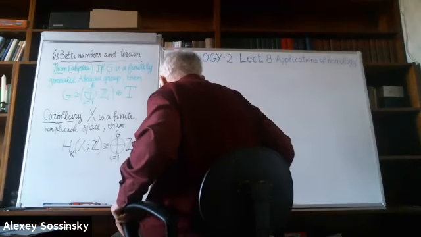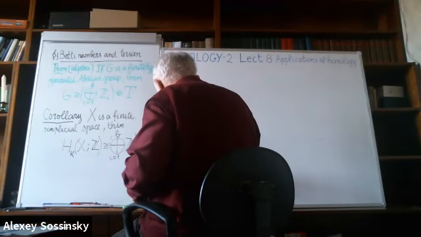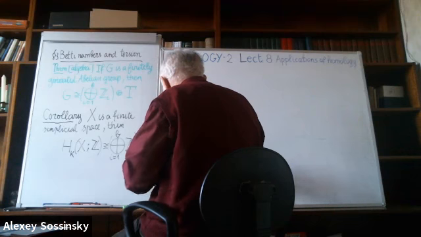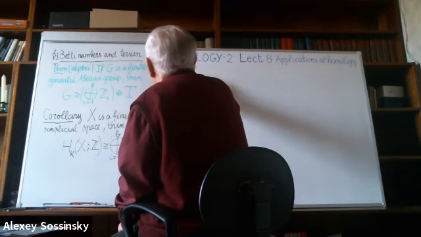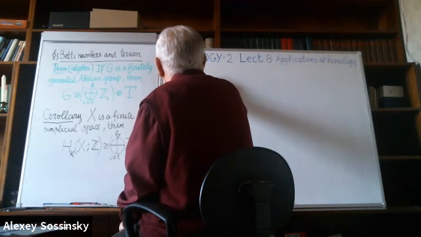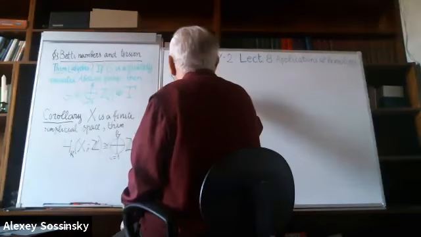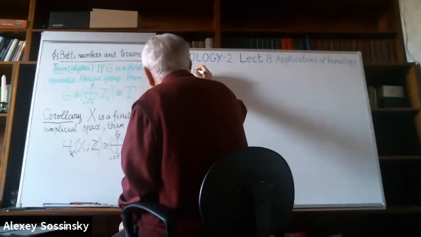And now we come to a really nice part of this lecture. This is section 4, and it's called Euler Characteristic.